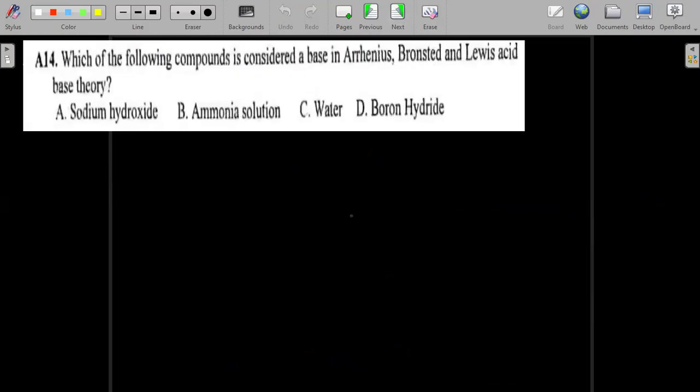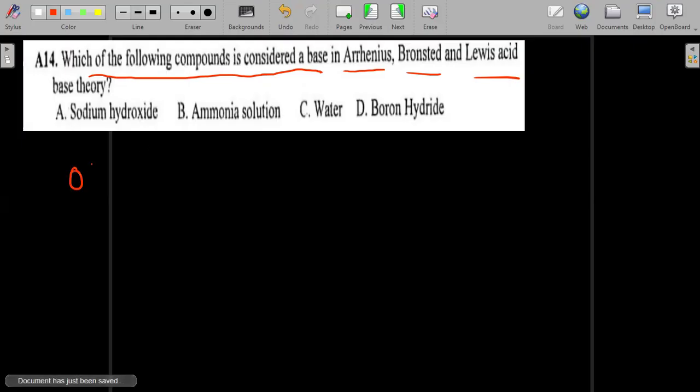All right, we go to the next one. They're saying, which of the following compounds is considered a base in Arrhenius, Bronsted, and Lewis acid theory? So you have to know the definition of a base in all those three theories. According to Arrhenius, a base is a substance that produces OH ions when it is dissolved in water.